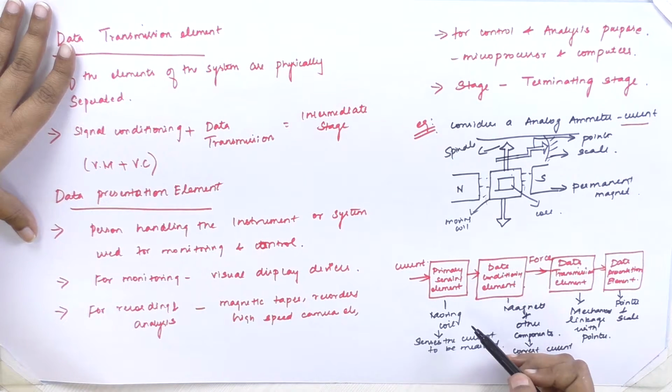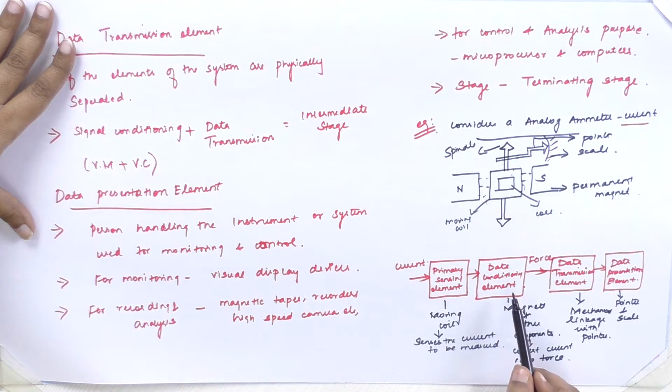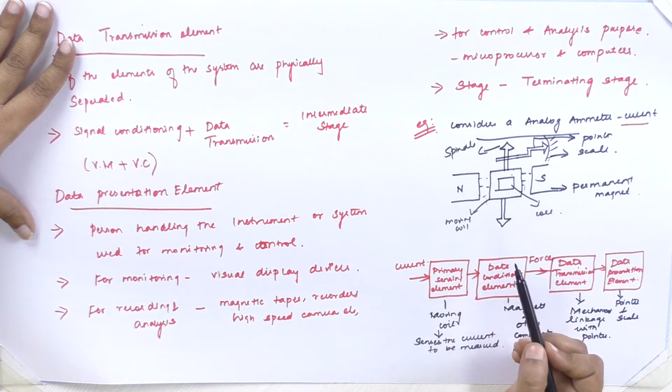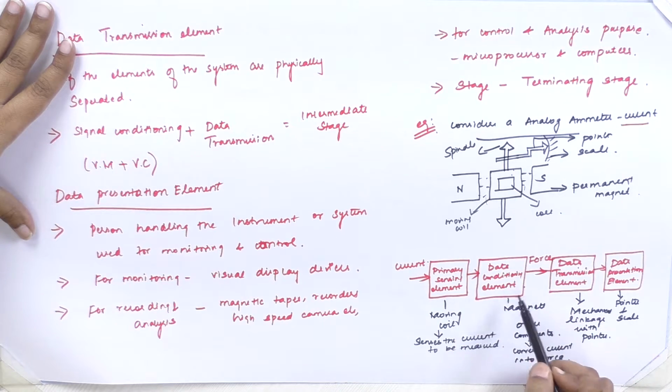So, this is an example of a generalized block diagram for an analog ammeter, where the primary sensing element is the moving coil which senses the current which is to be measured. Then the sensed current is conditioned with the help of the magnets and their magnetic field, where the current will be converted into force with the help of this data conditioning element.